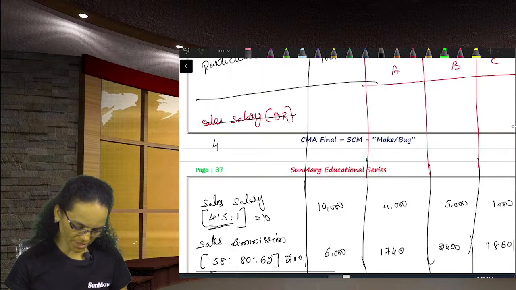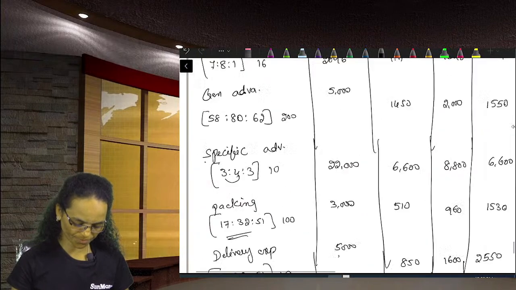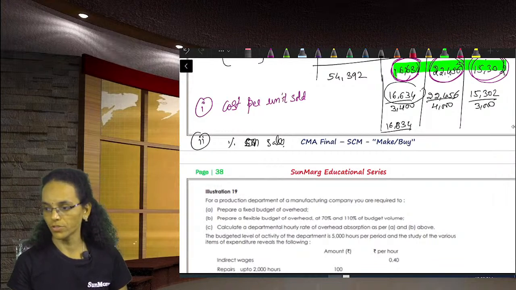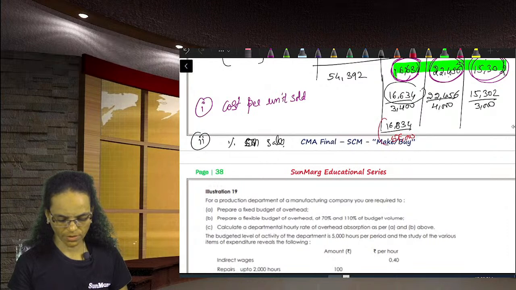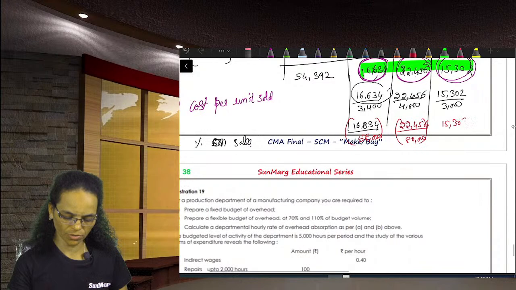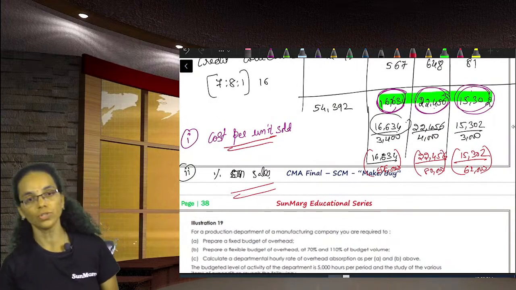And the selling price is how much? 58,000. 58, 80 and 62. 16,634 we have incurred and sales was 58,000. 22,456 expenditure, sales 80,000, and 15,302 we incurred, sales was 62,000. This is a percentage on sale. This is a cost per unit sold.